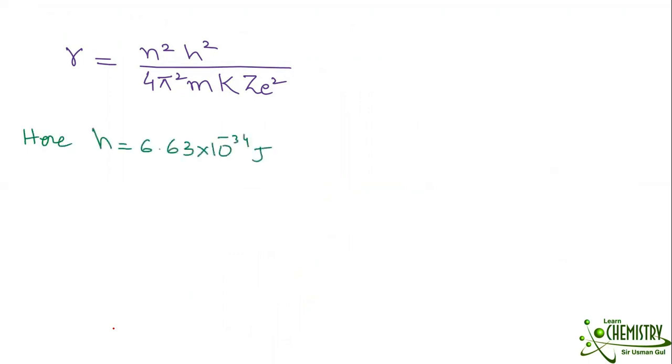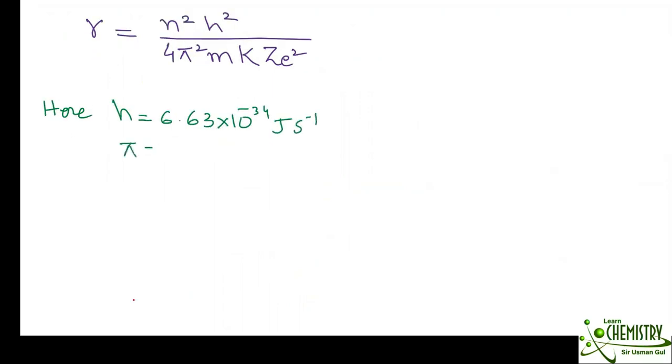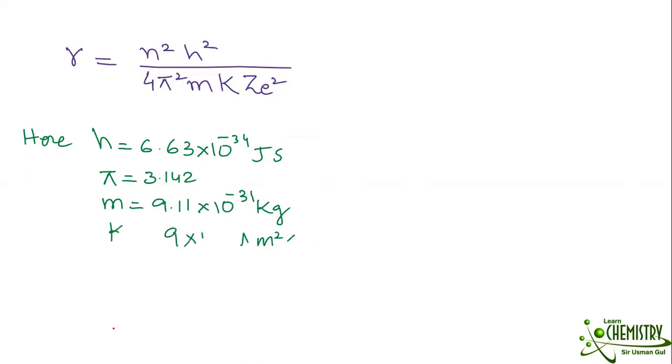For h we have the value 6.63 × 10 to the power minus 34 joule second, and the value of pi is 3.142. The mass of the electron is also constant, 9.11 × 10 to the power minus 31 kg. The value of k is 9 × 10 to the power 9 newton meter square upon coulomb square. Z is 1 for the hydrogen atom, since we are deriving the radius of the hydrogen atom.